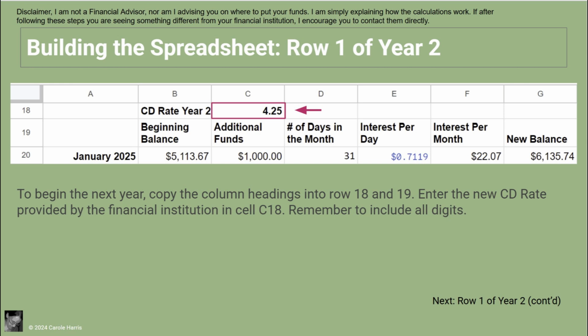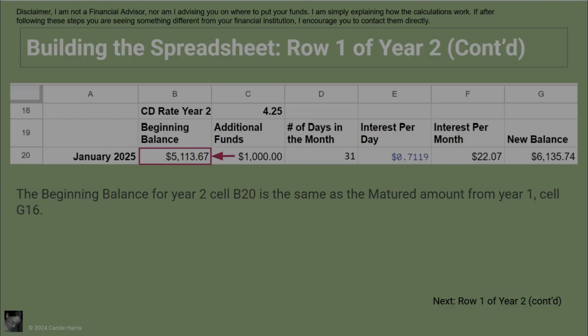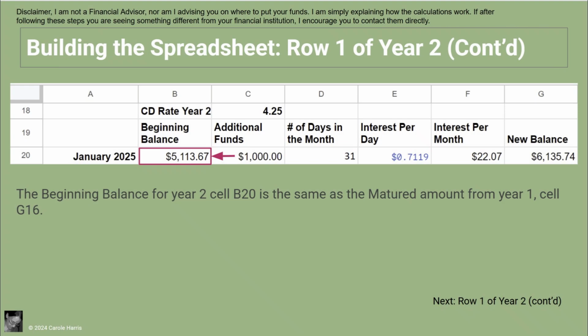For year 2, copy and paste the column headings into row 18. Then change the CD rate in cell C18 to the new rate provided by your financial institution. The beginning balance for year 2 is the ending balance from year 1 in cell G16.